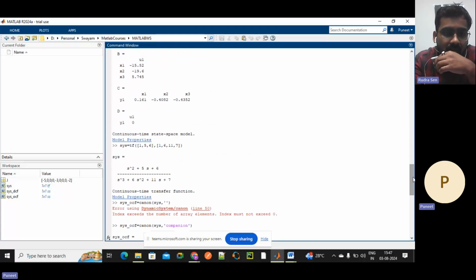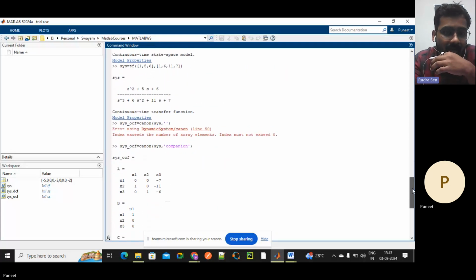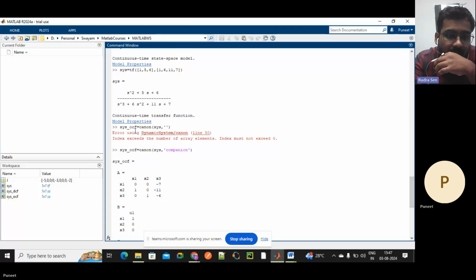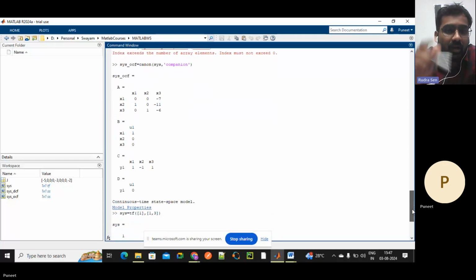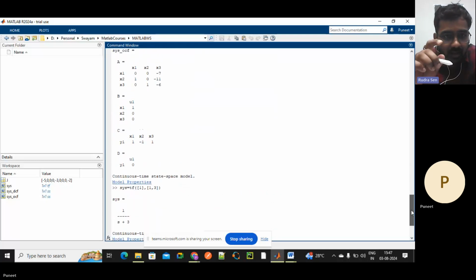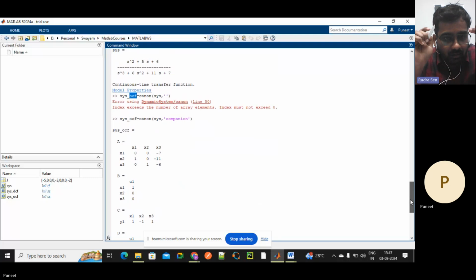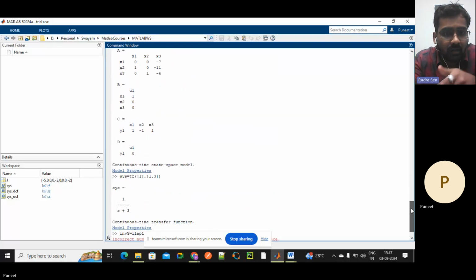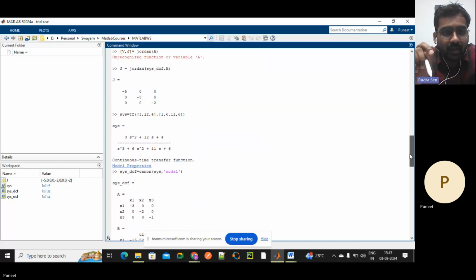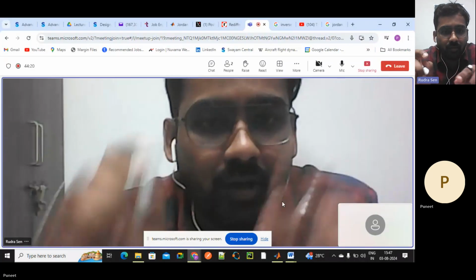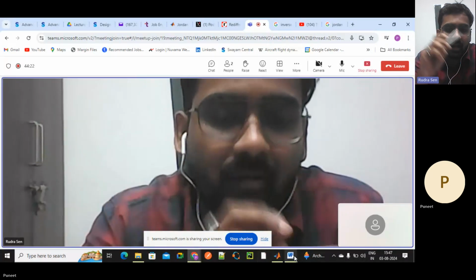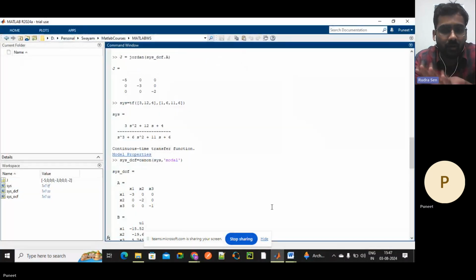I think the controllable companion form is basically the observable canonical form, and the observable companion form is basically the controllable canonical form.